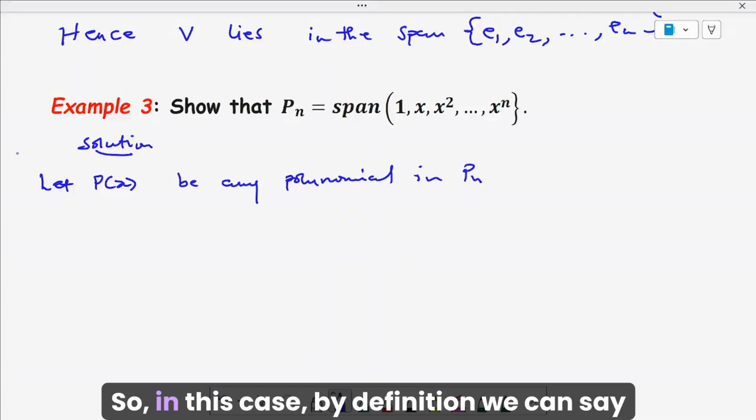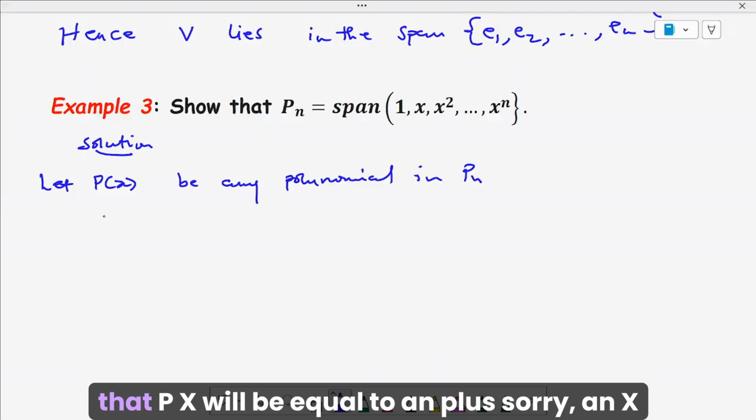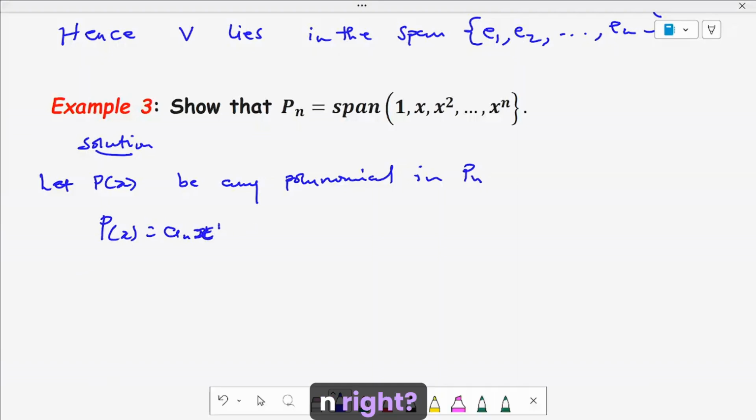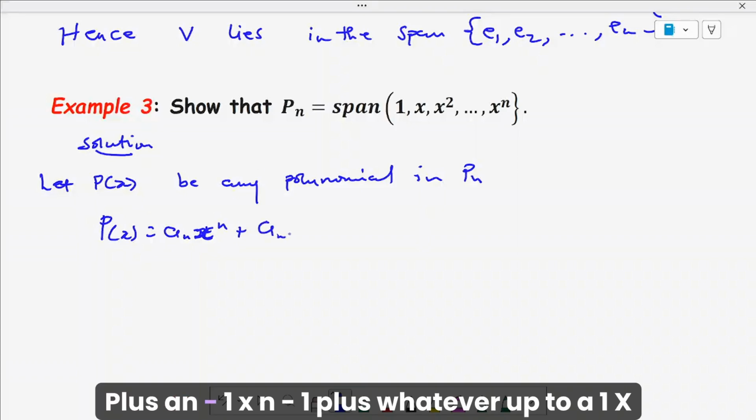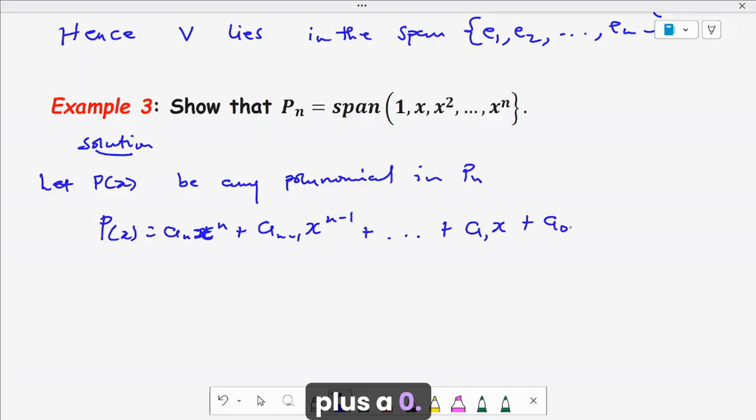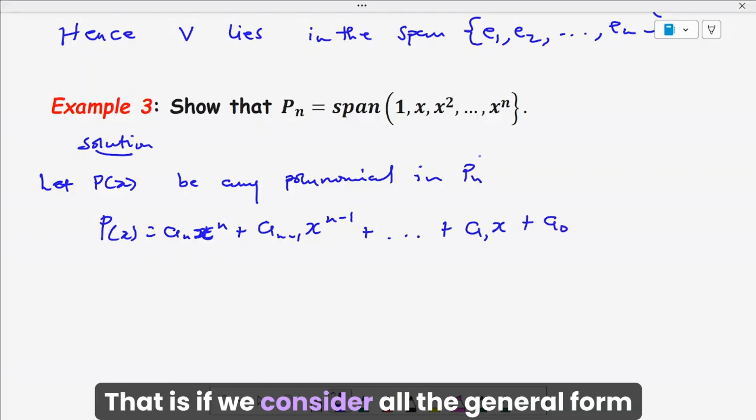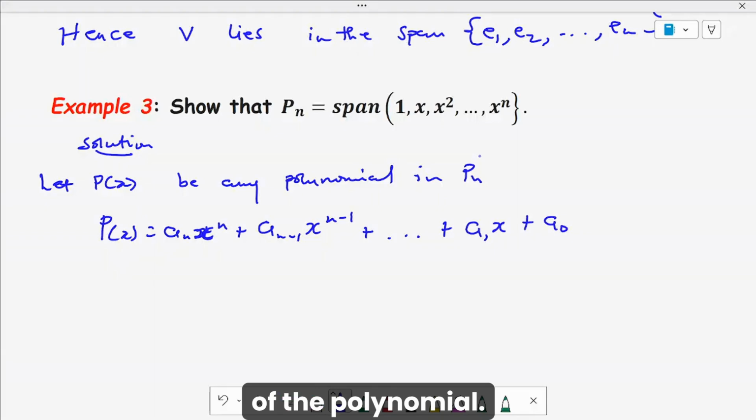In this case, we can say that p(x) will be equal to an xn plus an minus 1 xn minus 1, plus whatever up to a1 x plus a naught. That is the general form of the polynomial.